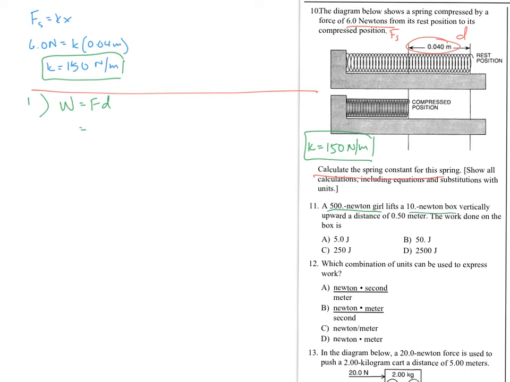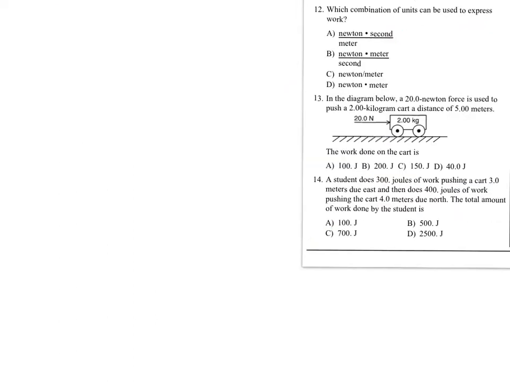The object getting the work done is the 10 newton box, so that you're going to use as your force. And the distance here is 0.5 meters. Let's do our answer in a third color. So 10 times 0.5 is 5 joules. There we go. Choice A.